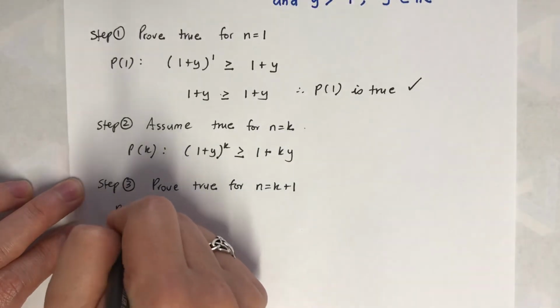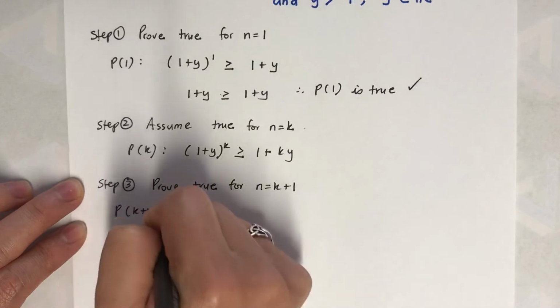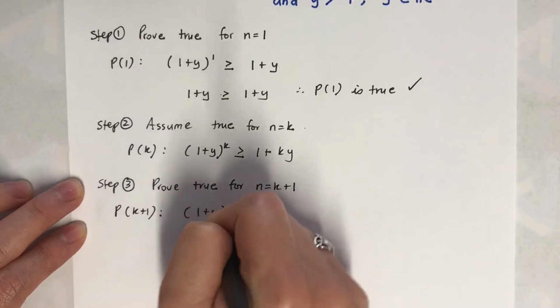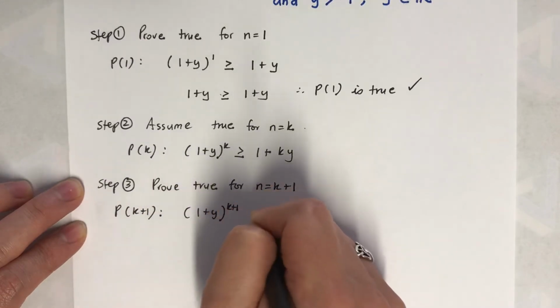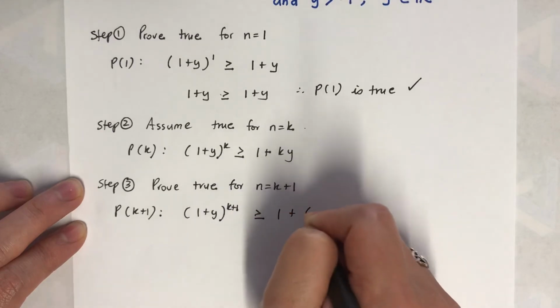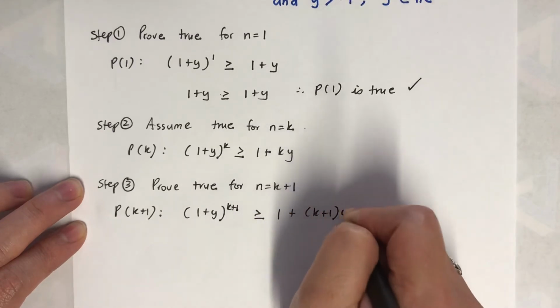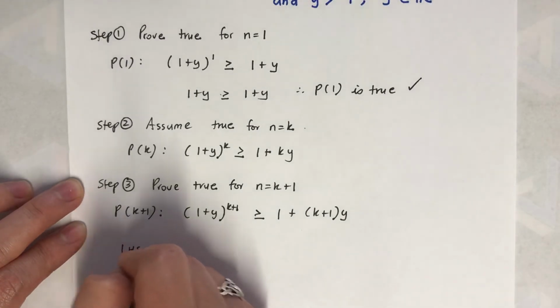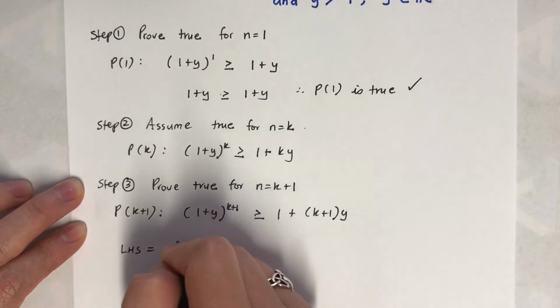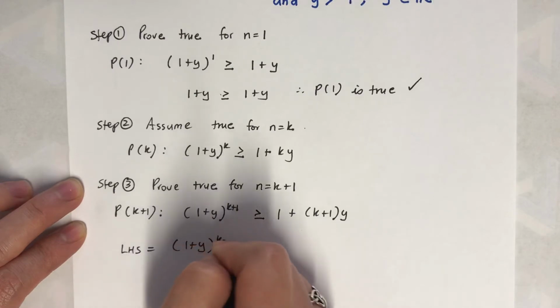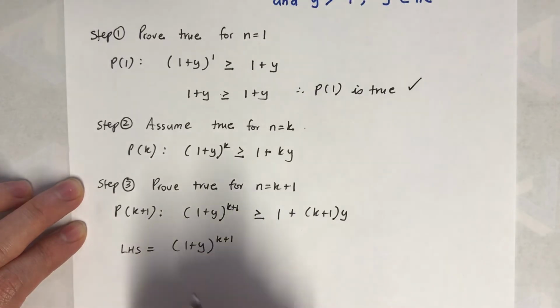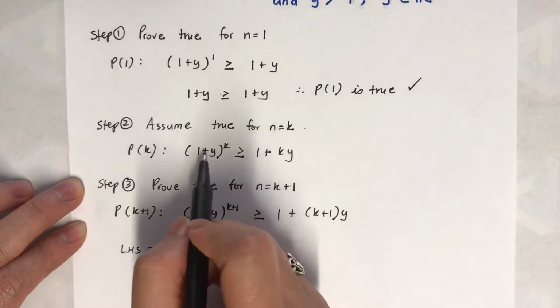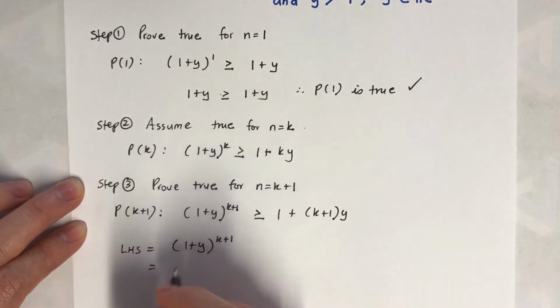So I'm going to go (1 + y)^(k+1) is bigger than or equal to 1 + (k+1)y. Okay, so left hand side, which is this part, that's (1 + y), and I'm going to separate these two because I want to use step 2.